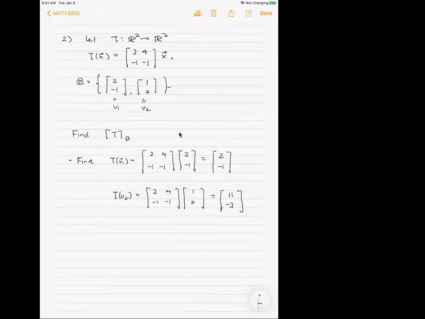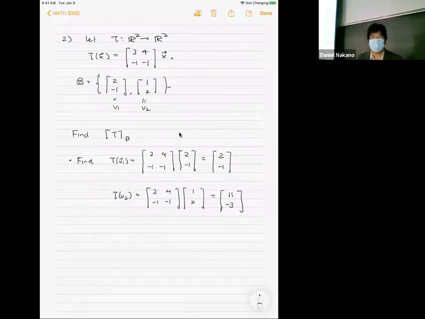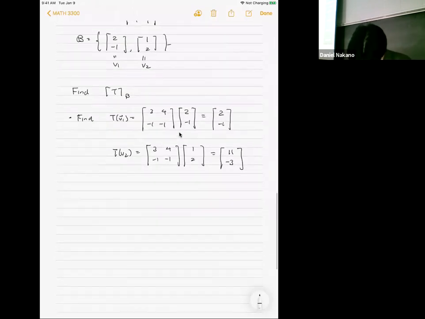All right, what do we need to do next? Find the coordinates with respect to the basis. So we need to write 2, -1 as what? You have to find the coordinates. In particular, you need to find TV1 and express it as C1 times the first basis vector plus C2 times the second basis vector.